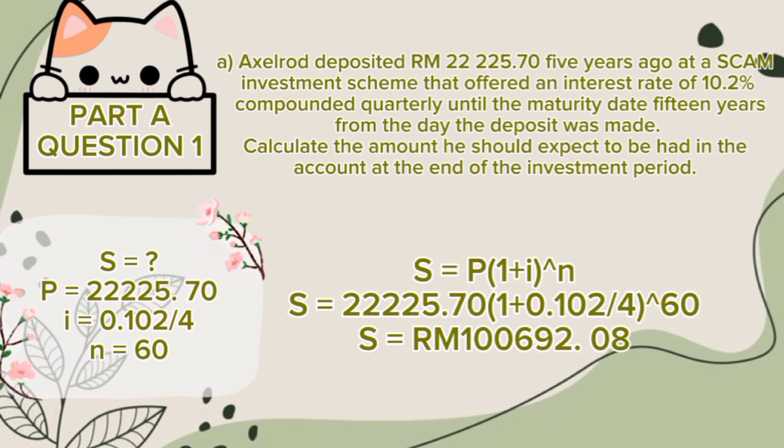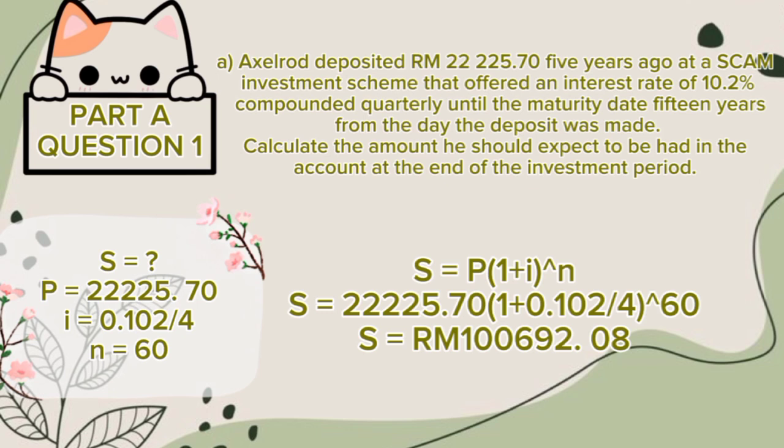Calculate the amount he should expect to have in the account at the end of the investment period. Referring to the question, we have to find S. The information given is P equal to 22225.70, i equal to 0.102 divided by 4, and n equal to 16.